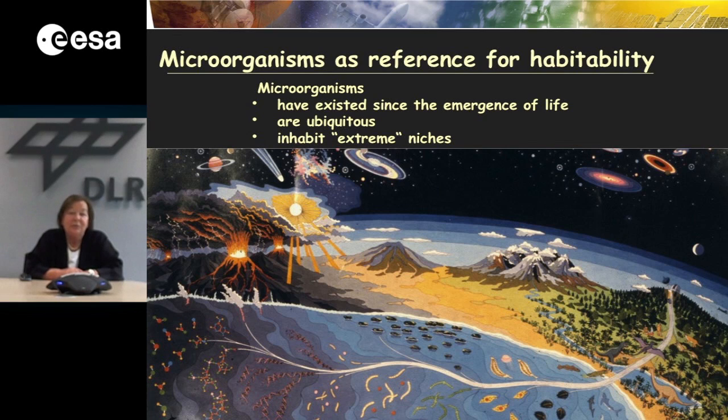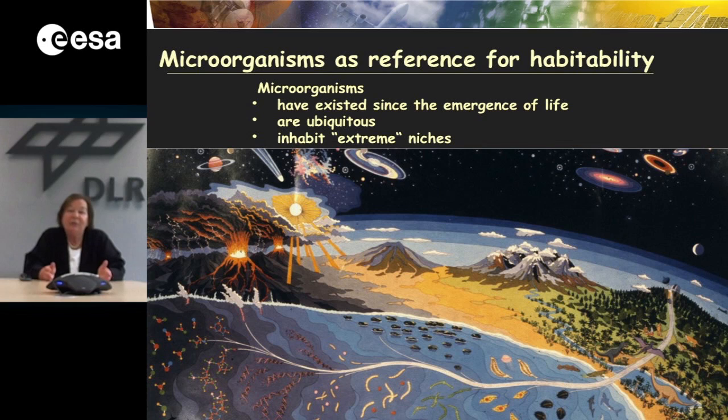The oldest microfossils are 3.8 billion years old, and even these 3.8 billion year old microfossils could indicate that life existed already. So it took a very long time, 1 to 2 billion years, until the first more complex organisms appeared. So microorganisms seem to be the first that appear on a planet.